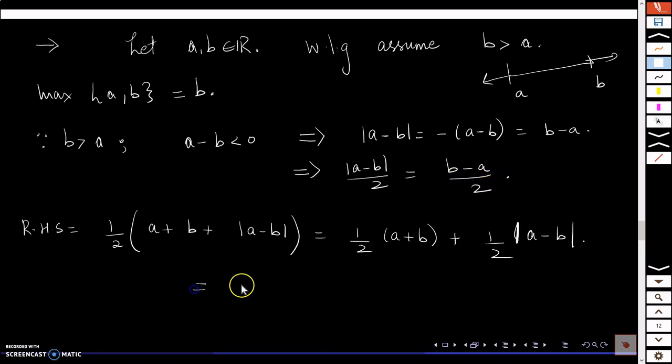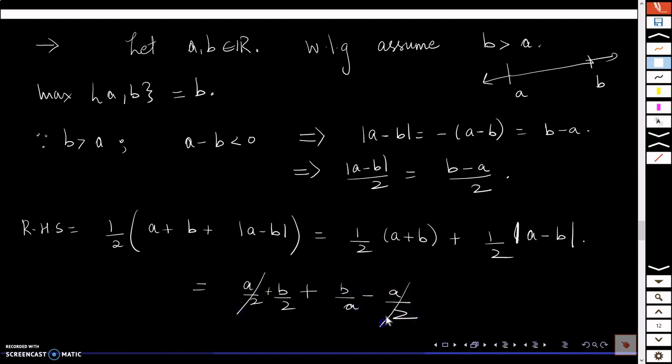So this will turn out to be A by 2 plus B by 2, that is the first expression here, plus B by 2 minus A by 2.